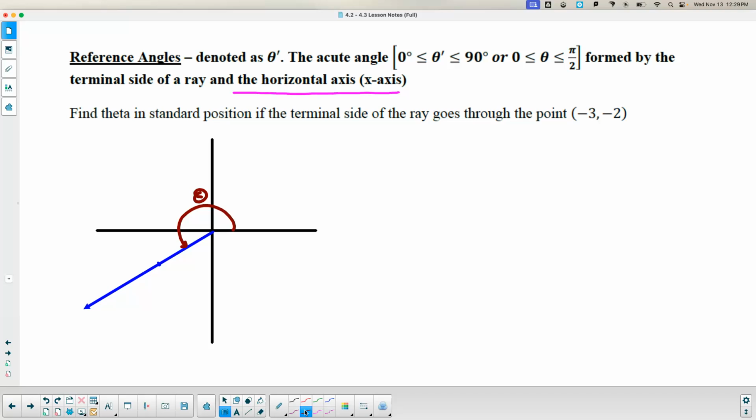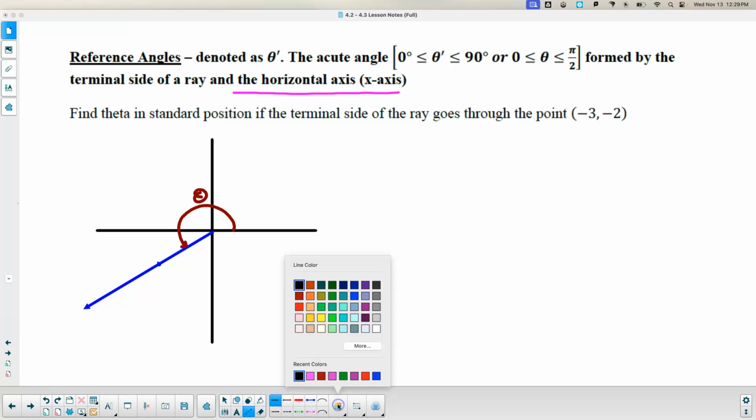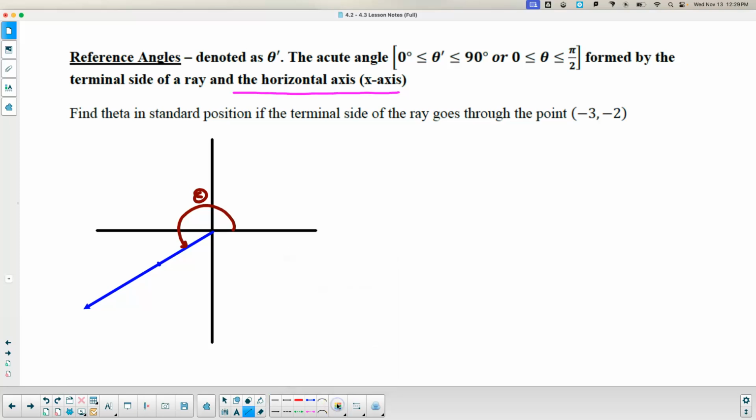But if I want to use some right triangle trig on this, here would be my triangle. This side length here would be 2.